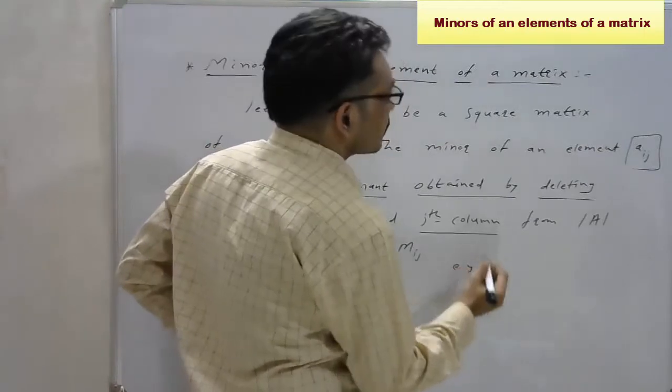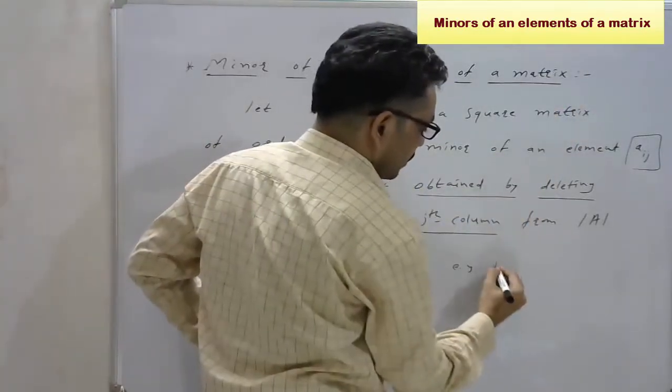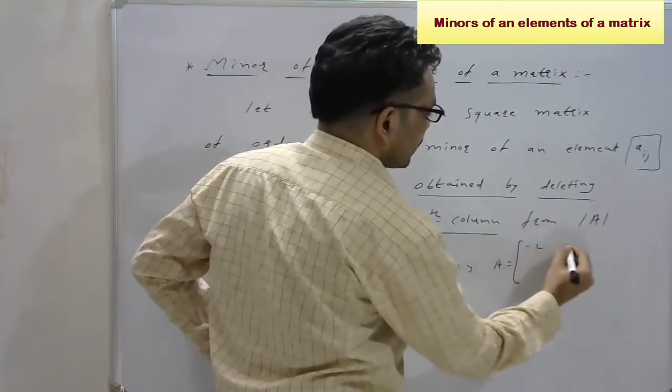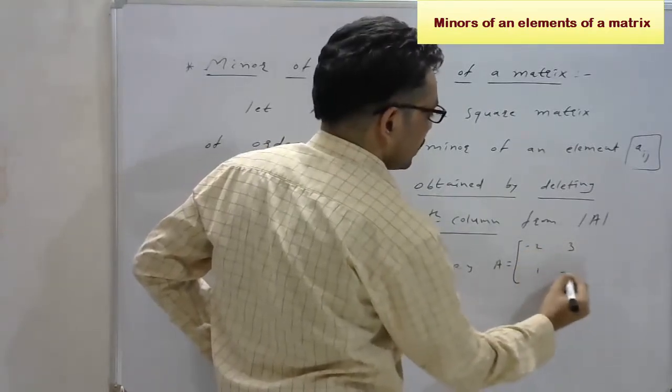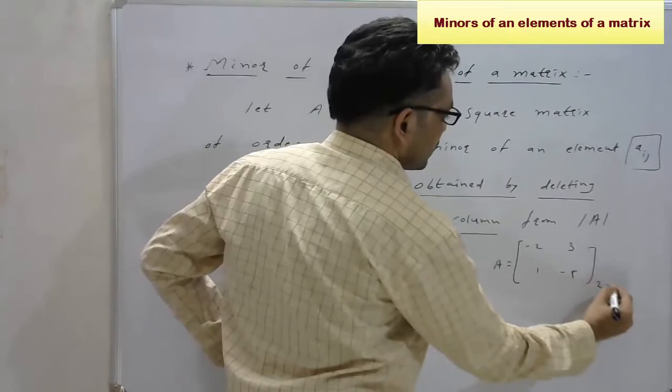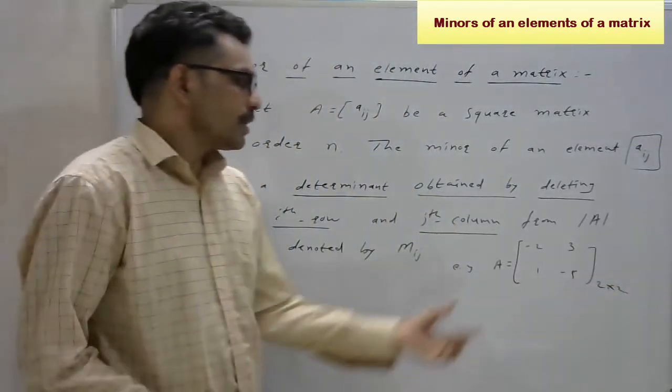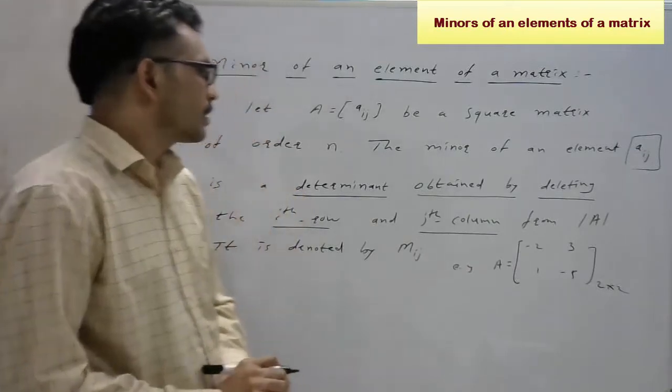For example, say the given matrix is A, having elements -2, 3, 1 and -5. This is a 2 by 2 matrix, a square matrix.